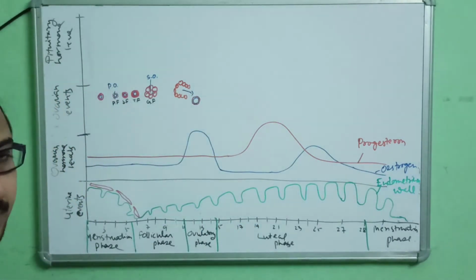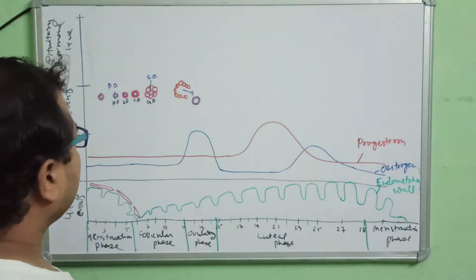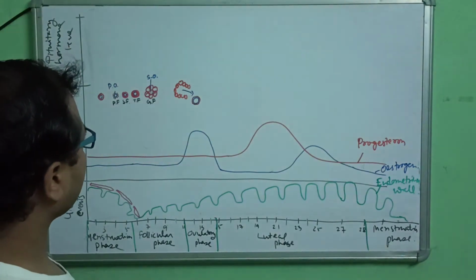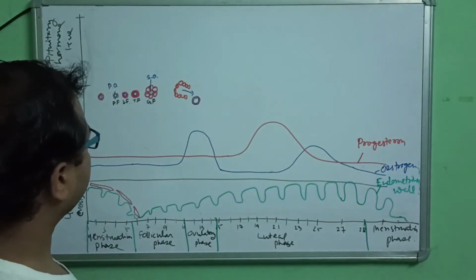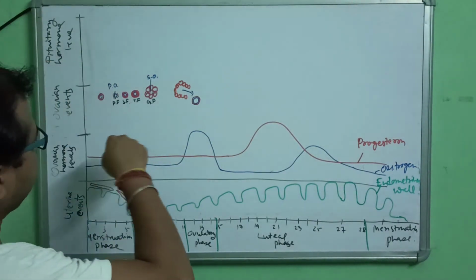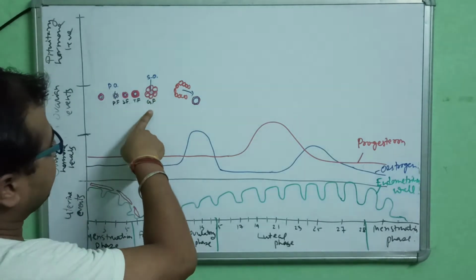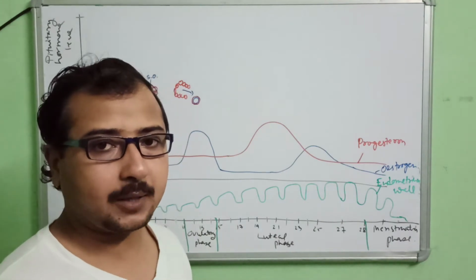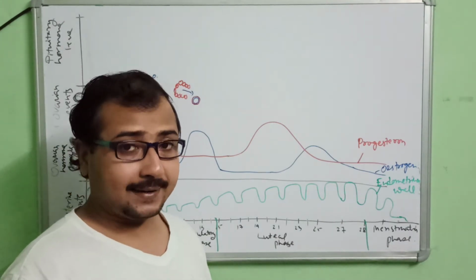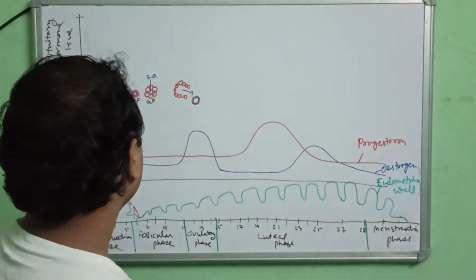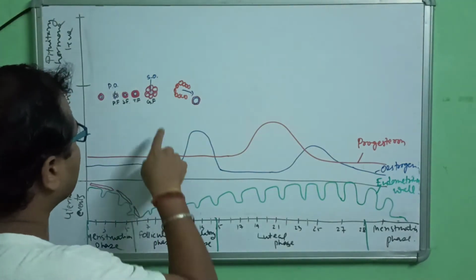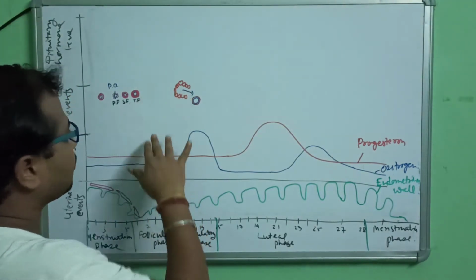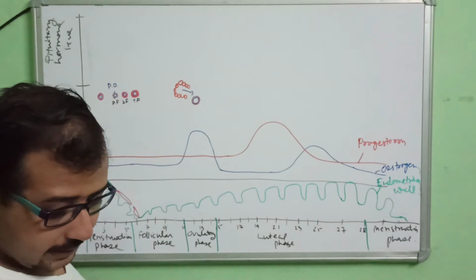The zona pellucida layer has developed. During this Graafian follicle stage, the antrum is also developed, the cavity where the secondary oocyte is. If I draw this stage a little better, it will be like this.